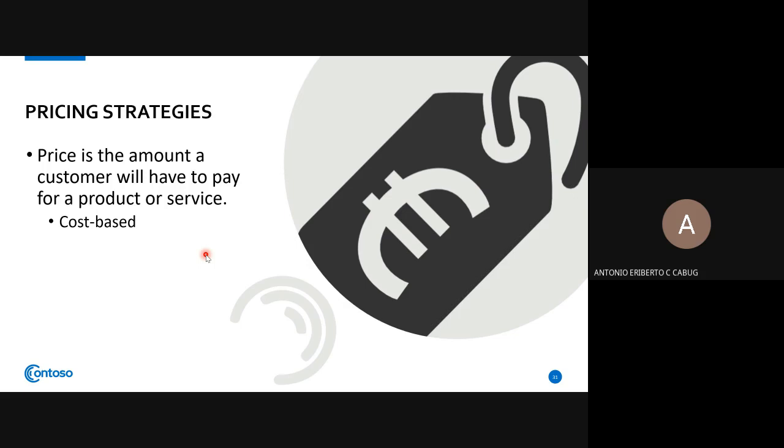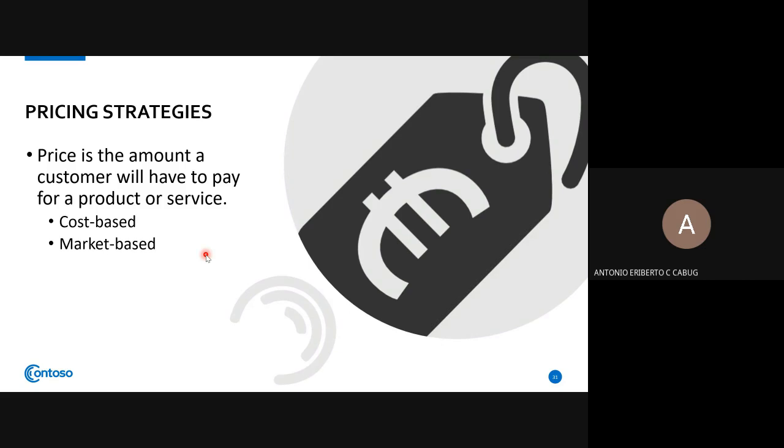The other approach is used when there is perfect competition. Market-based approach. Sometimes you cannot decide on the price. You have to let the market decide. This is true especially when the items are fungible. They are equivalent to one another.